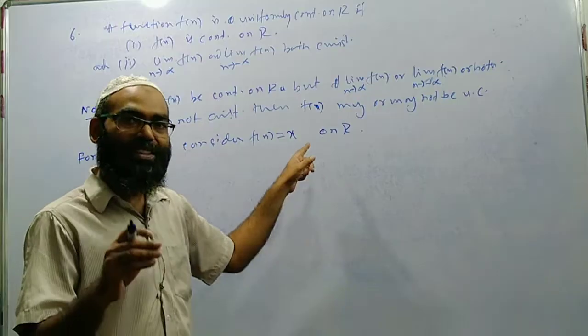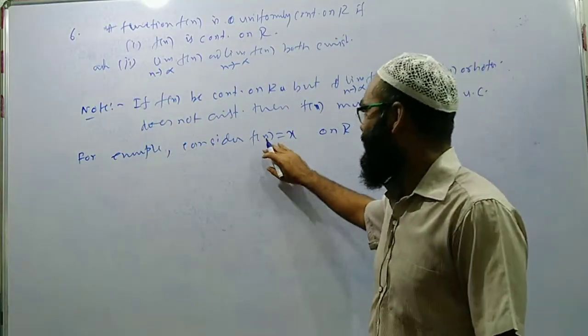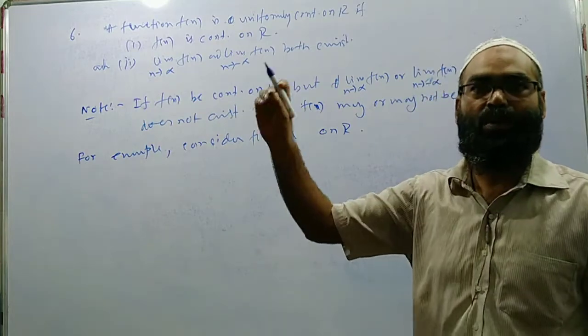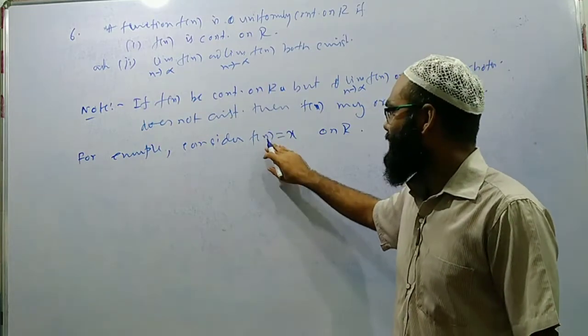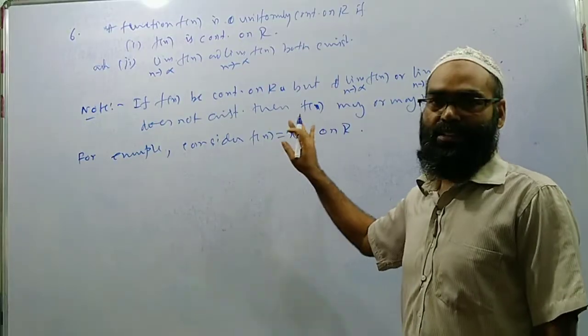But this function is uniformly continuous, which can be shown using the epsilon-delta definition of uniform continuity.